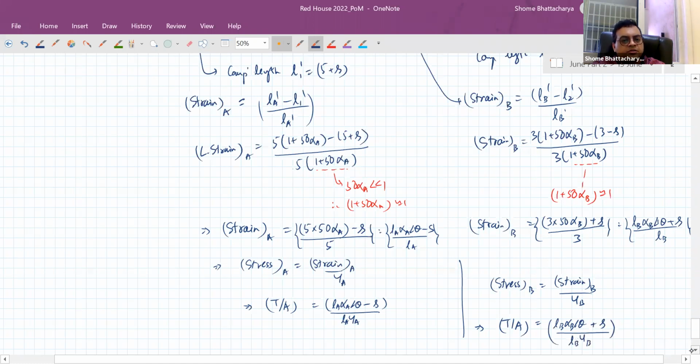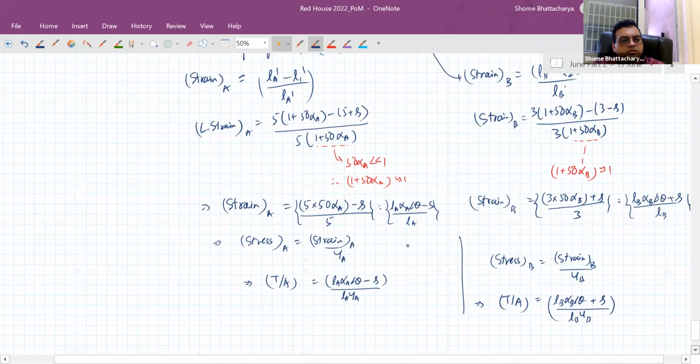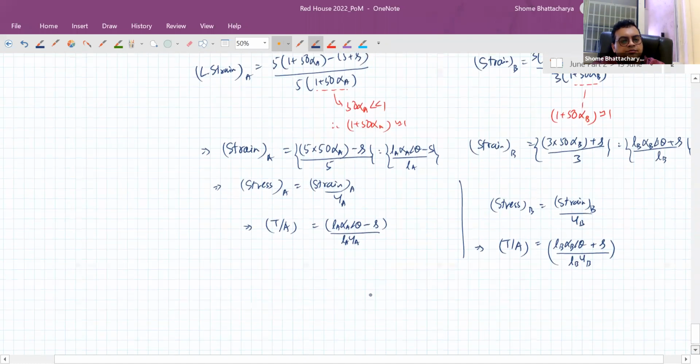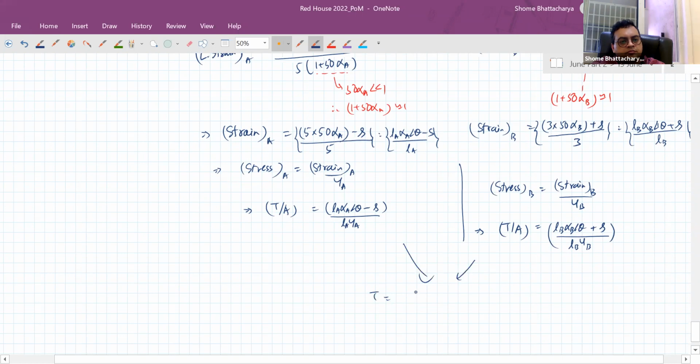So now comparing these two equations, you can also separate it like this.